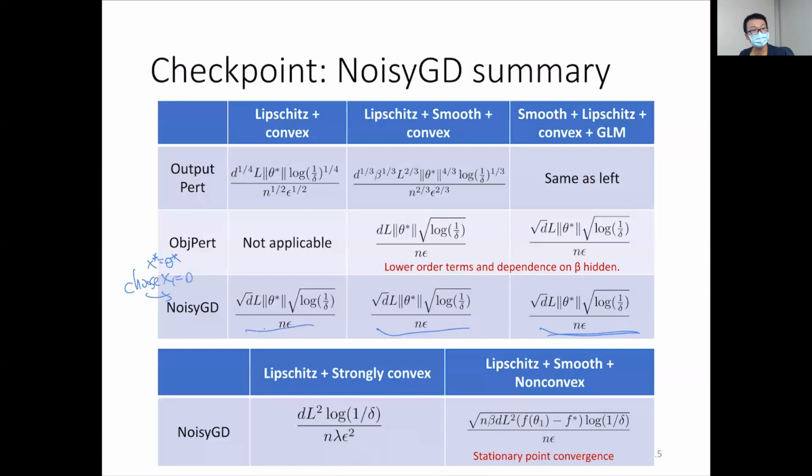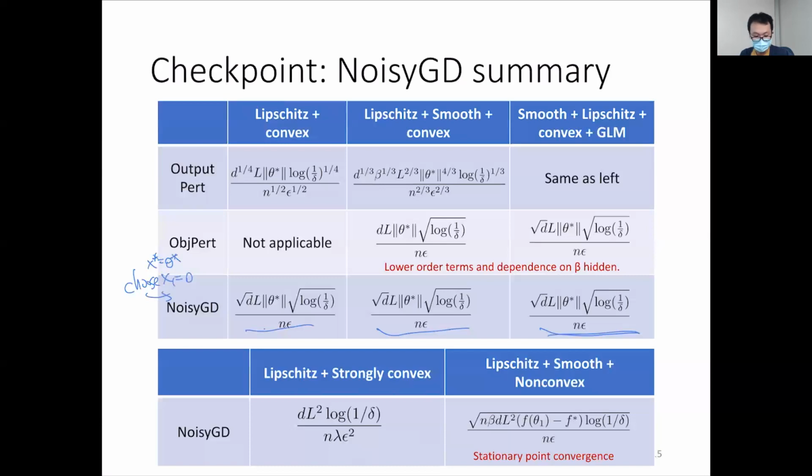The only difference in this bound is that now we are measuring in terms of the excess empirical risk. This is how much larger you are compared to the empirical risk, and empirical risk is an average rather than a summation. So that's why this 1 over n factor got applied to all of these bounds, right?